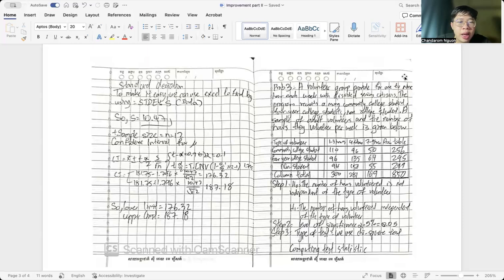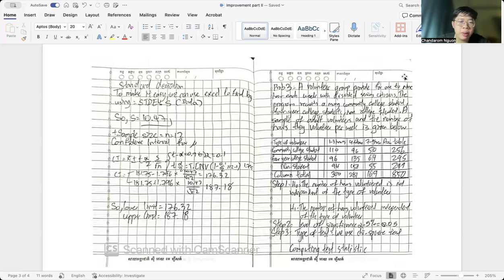To find t(α/2), we can use the exact formula =T.INV(1 − 0.1/2, 12 − 1) with degrees of freedom 12 − 1, which is equal to 1.796. In this final step, we can put the values in the formula of the confidence interval to find the lower and upper limits.